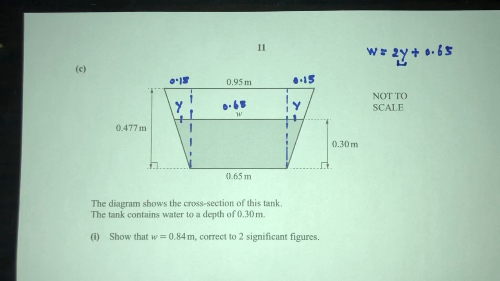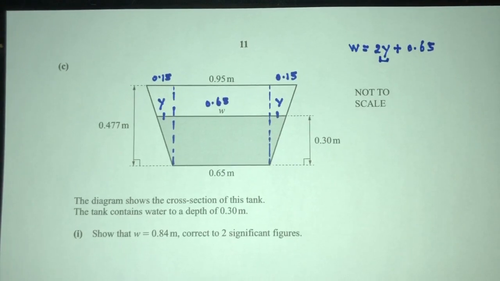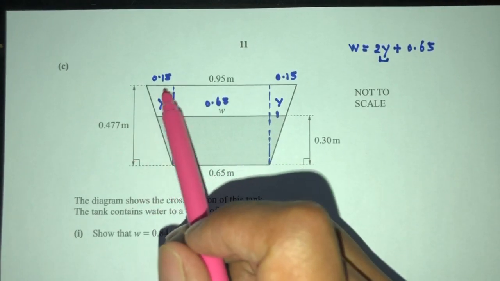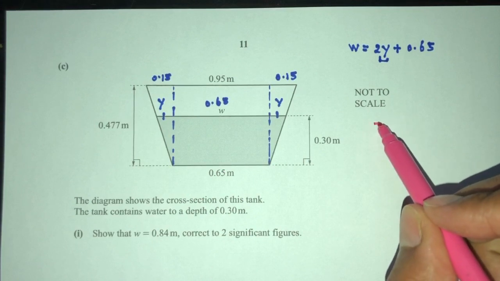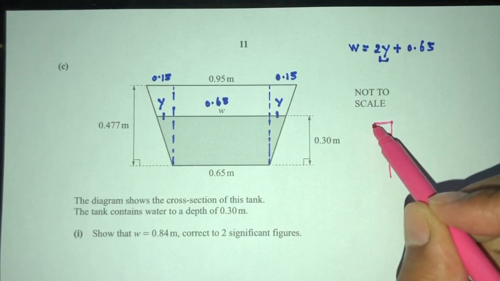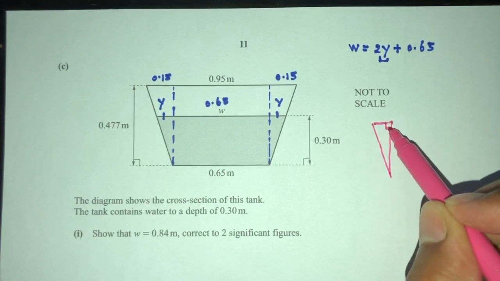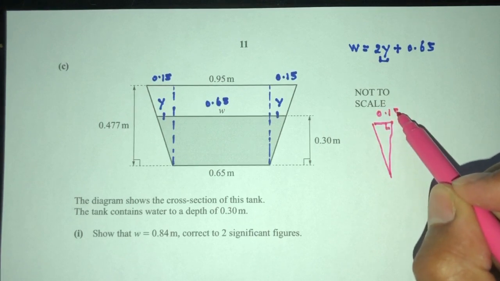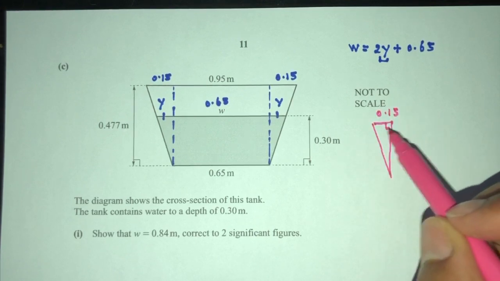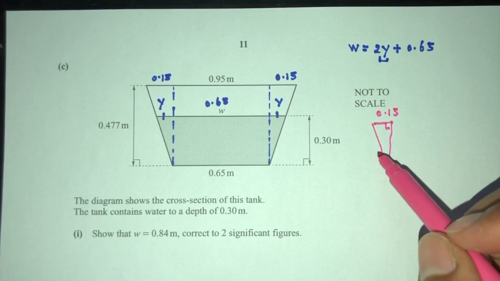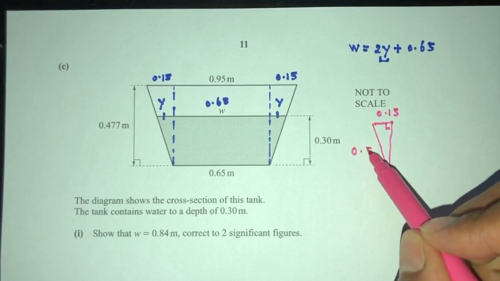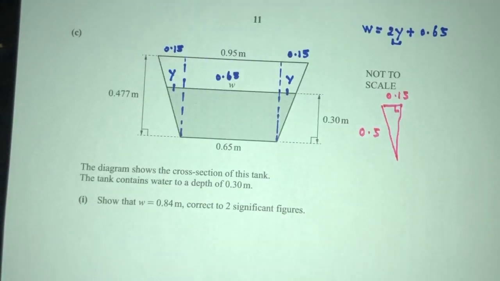So we're going to find the value of y by using the similar triangles. For example, you can see here, let's take out this triangle. We have this big triangle, right? This is 0.15, and this is, we know, 0.5, given to you by the question, right? Remember? 0.5.